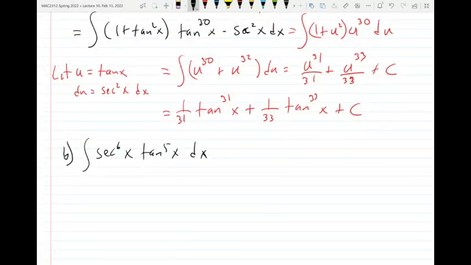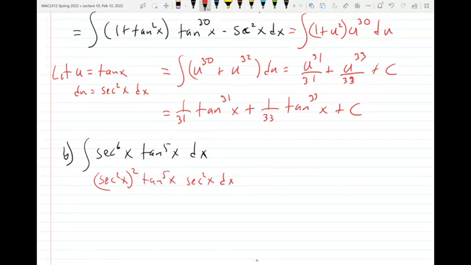Quickly, what's the technique? What do we need to do? You split the secant into 3 sections. So secant square here, right? Then what do we do with the secant to the 4? You split that too. We write it as secant square, right? And then the tangent stays there.